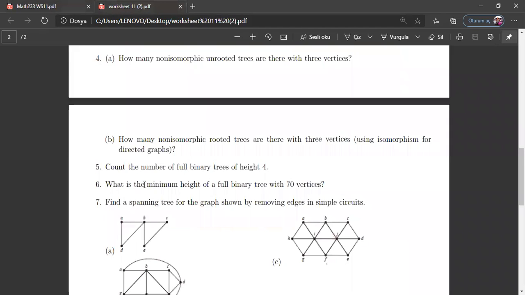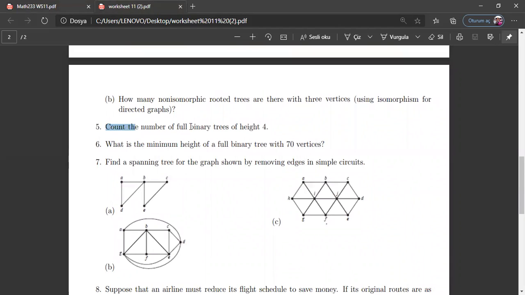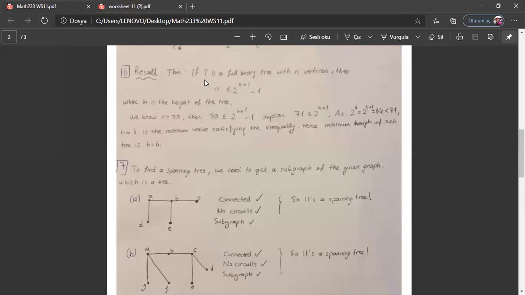And here we have question 6. Okay, this is again homework for you. We will find the minimum height of a full binary tree with 80 vertices. So we will use some theorem here. It says if you have a full binary tree with n vertices, then n, the number of vertices, should be less than or equal to 2 to the h plus 1 minus 1, where h is the height.